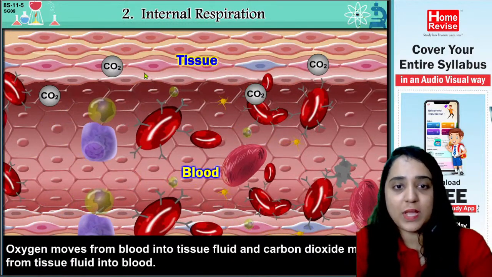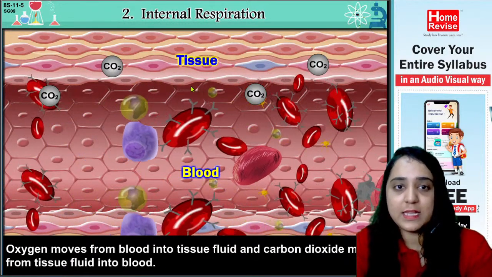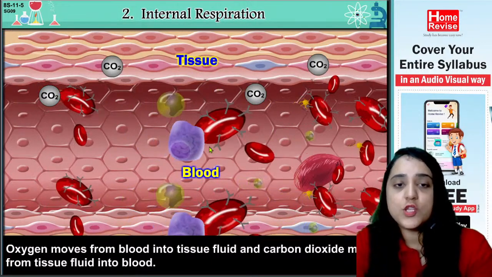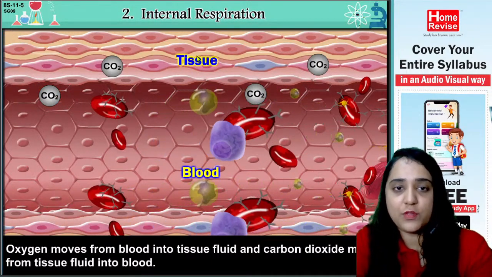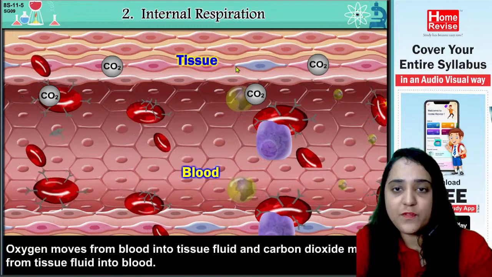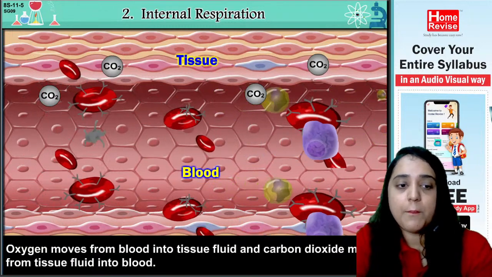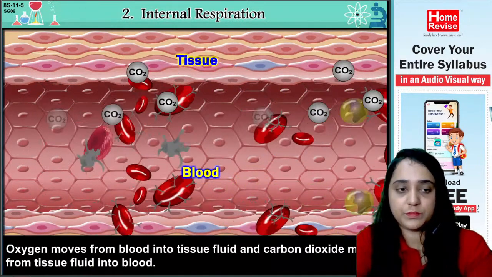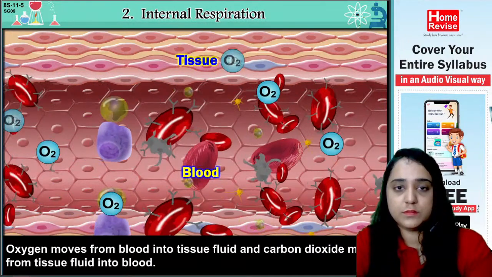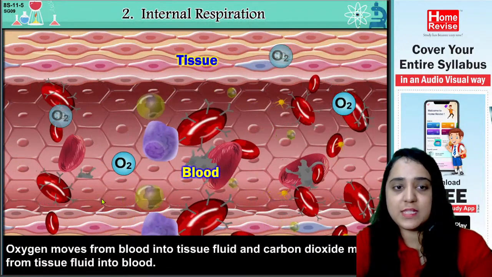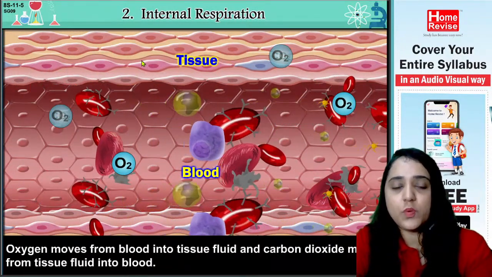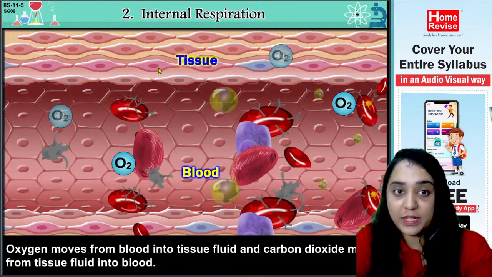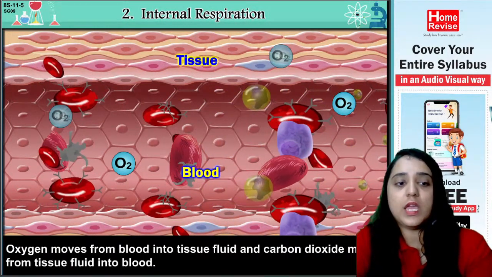As you can see in the diagram, this is the tissue and this is the blood. Oxygen from the blood is given to the tissue, and the carbon dioxide from the tissues is given out to the blood.